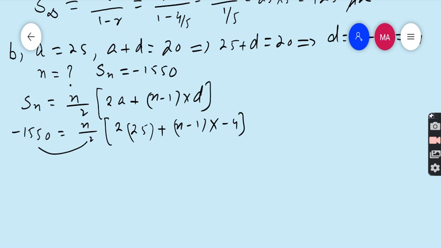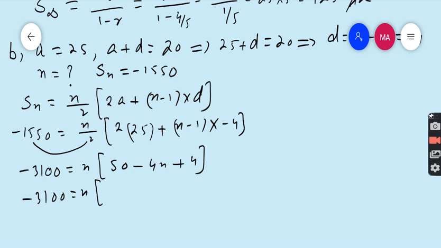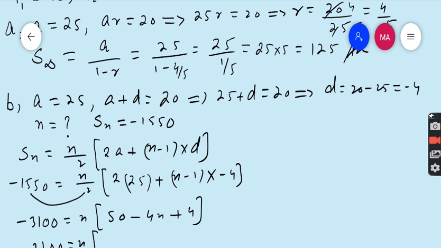Multiply this 2 by minus 1550, it will be minus 3100, is equal to n times 2 into 25, which is 50, plus n minus 1 into d. There is a mistake: 20 minus 25 is minus 5.